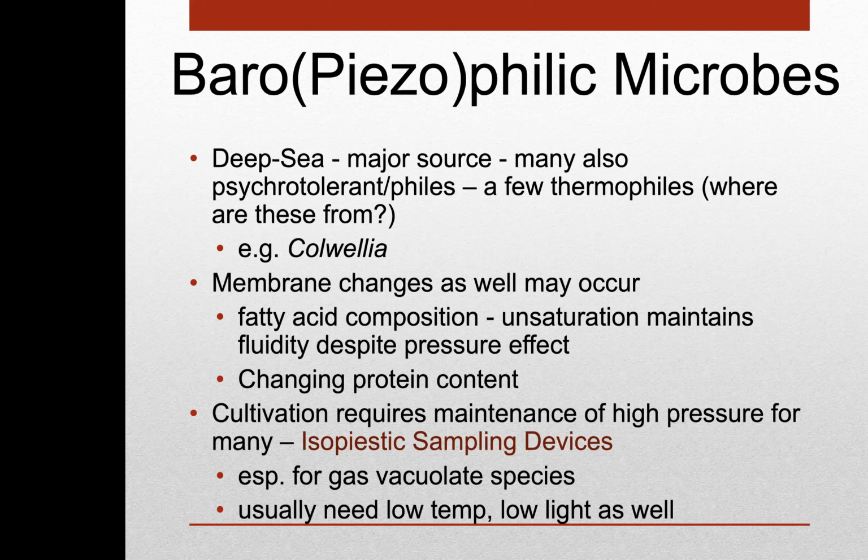Why do you think it'd be a problem if I just popped open this thing from a kilometer down and then tried to do streak plating on a plate or something with it.